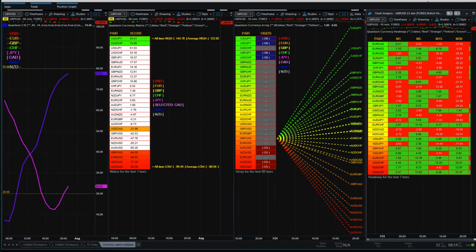So there we are. That's the four indicators really on one workspace. It's an immensely powerful dashboard. It's why we call it the currency dashboard, because it is very much like the analogy of flying a plane where you have all your instruments. This is your workspace.